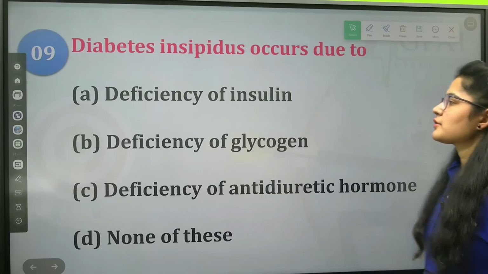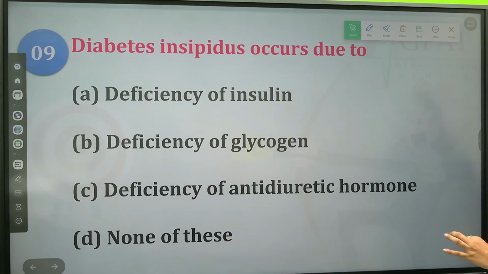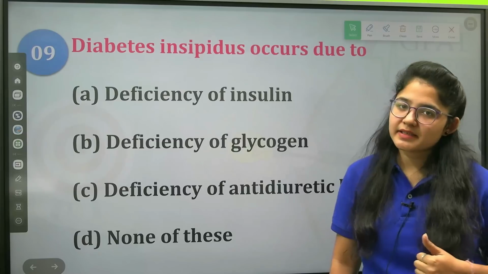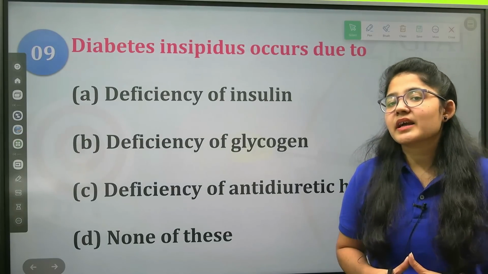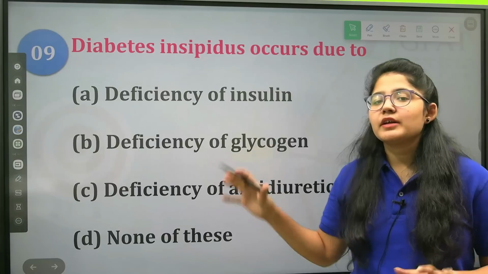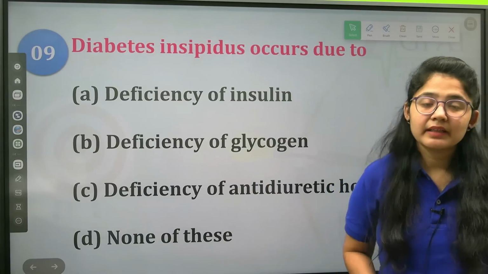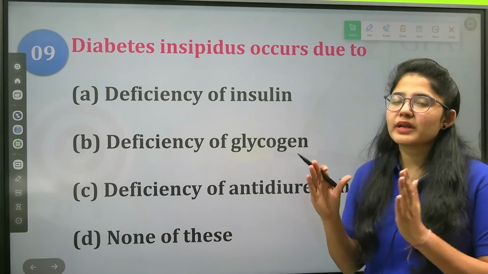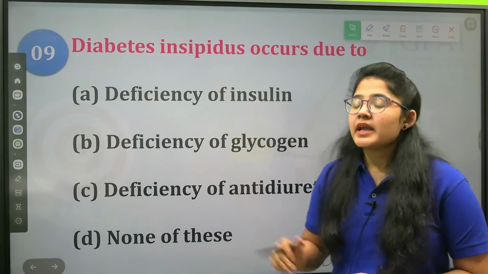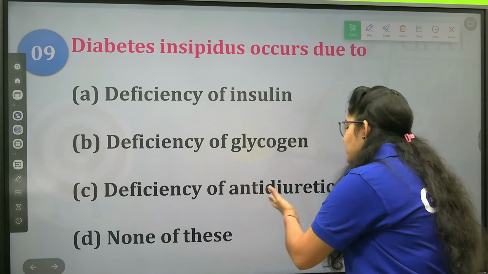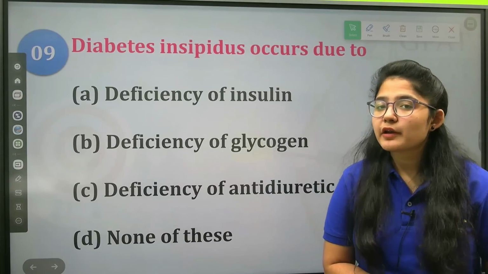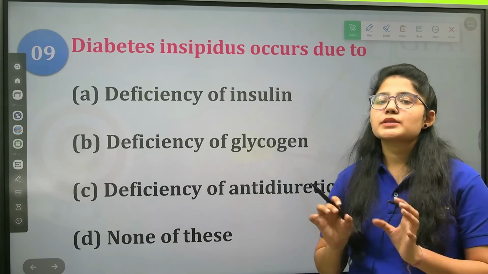Okay. Next question, diabetes insipidus occurs due to... There are diabetes insipidus and diabetes mellitus. Diabetes mellitus is a condition where you can see a higher level of sugar content in your body, known as diabetes. Next is diabetes insipidus. It occurs due to the deficiency of your antidiuretic hormone, and an example of the antidiuretic hormone is vasopressin.